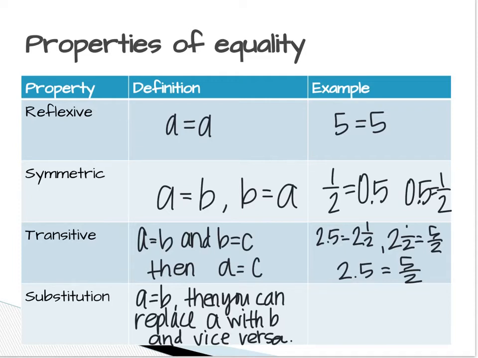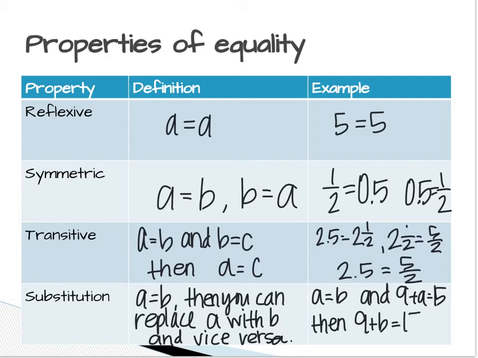Okay, so if A equals B and 9 plus A equals 15, then 9 plus B equals 15.